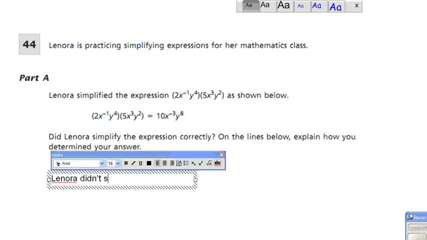Leona didn't simplify the expression correctly.